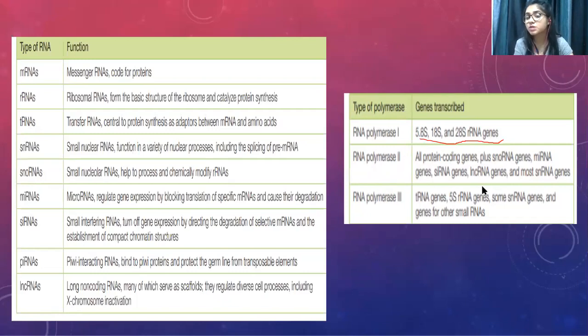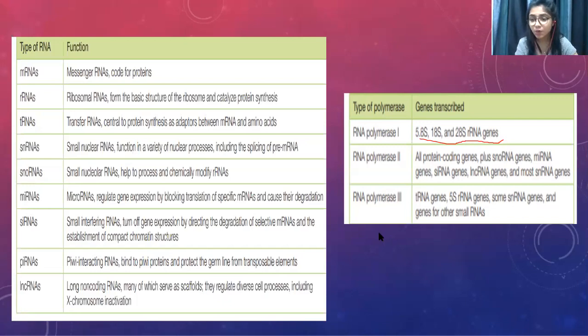RNA polymerase 2 is involved in all protein coding genes plus some snRNAs, miRNAs, siRNAs, and small snRNAs. RNA polymerase 3 is responsible for tRNA genes, 5S RNA genes, and some snRNA genes.